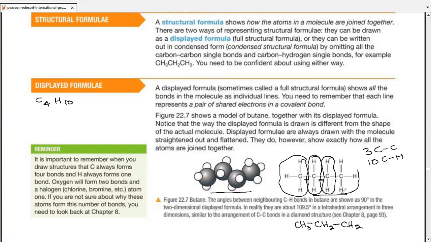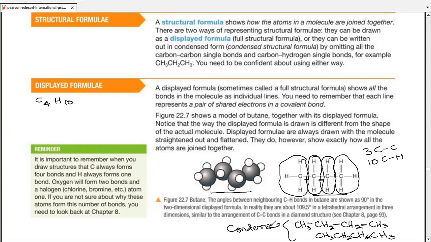And then comes the last carbon atom, which has 3 hydrogen atoms attached to it, so CH3. Or you can simply remove these bonds as well. You can write CH3, CH2, CH2, CH3.